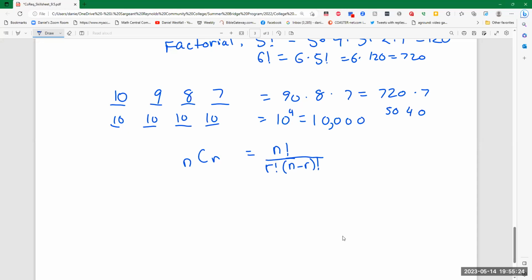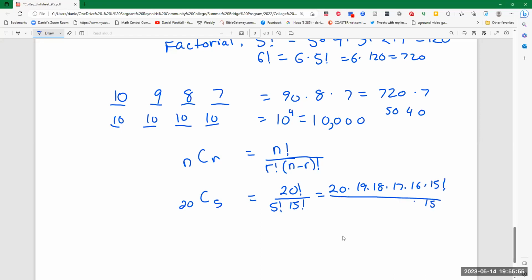Let's just say that I had 20 students in the class, and I wanted to choose a committee of 5 people to represent the class. So that's going to be 20 choose 5, and then that's going to be 15. So I'd get 20 times 19 times 18 times 17 times 16 times 15 factorial.